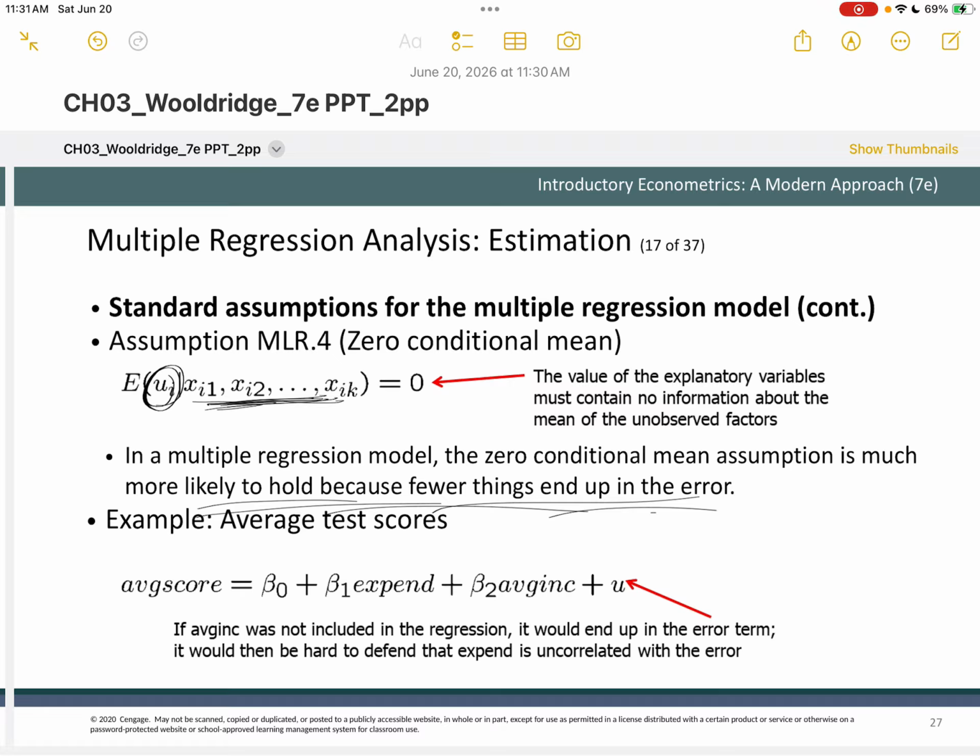Then you can be safe. But the backdoor path is rarely tightly closed, even in a multiple linear regression. And so you can say that you have correlations, but not necessarily causation, when you are interpreting your estimated slopes.